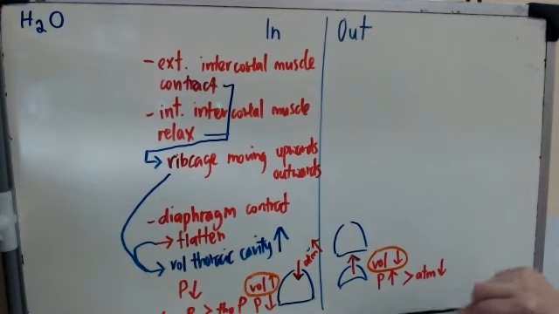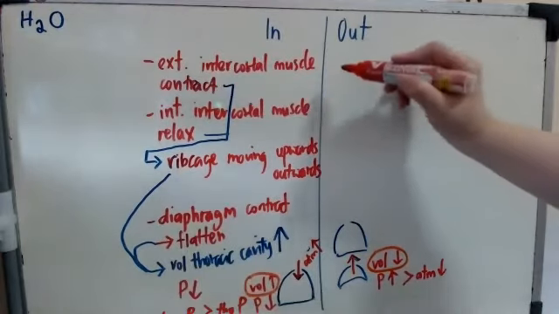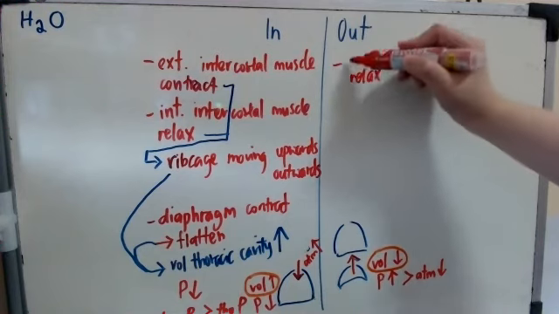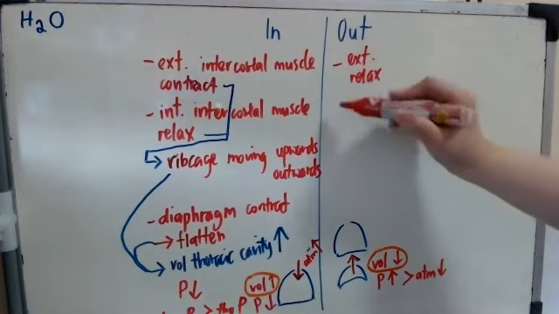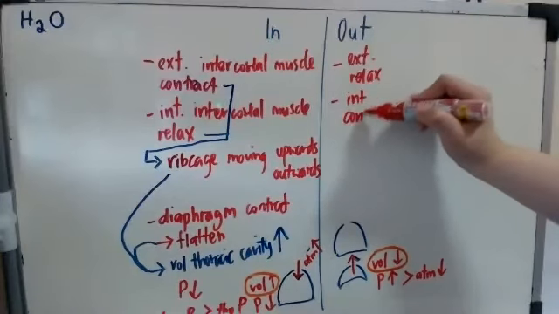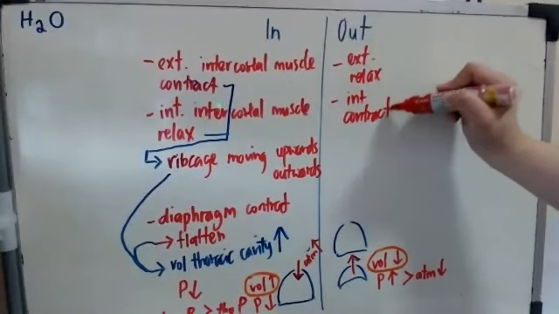How about breathing out? Breathing out is the other way around. The external intercostal muscle will relax. The internal intercostal muscle will contract. It will basically be the opposite.